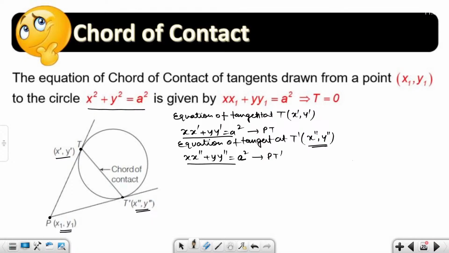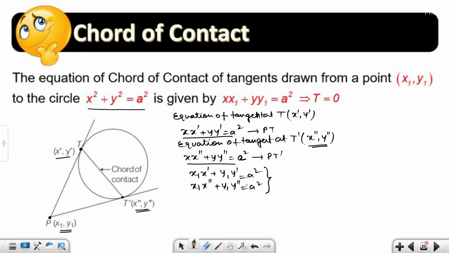Now look very carefully, both these tangents are passing through the point (x1, y1). Hence it must satisfy these two equations. So we can write x1 x dash plus y1 y dash is a square, and x1 x double dash plus y1 y double dash is a square. Am I correct?